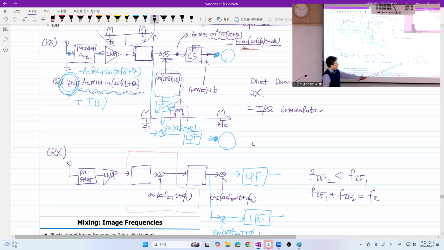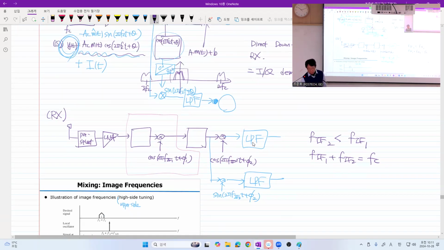So from this assumption, you may say that probably this professor is doing upper side tuning in the receiver, and you are right. So let's see in the frequency domain. Here you have a desired signal at Fc and negative Fc. And this cosine signal right shifts and left shifts this one by FIF1, and FIF1 is very high. So here, what do you have? This is very, very important.